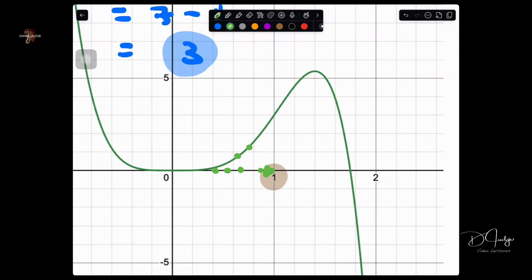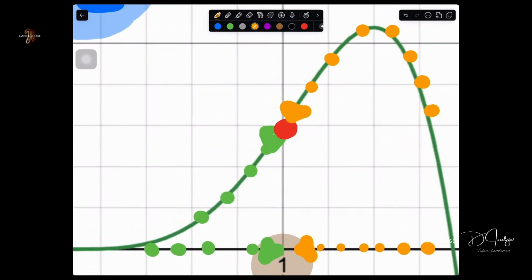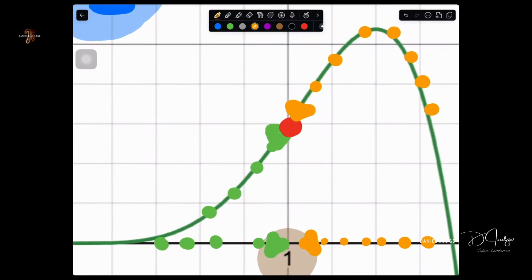Every point on that curve, ladies and gentlemen, is approaching this location here from the left. And then on the right side, x is approaching 1 from the right. It doesn't matter where we stop or start. And then all those corresponding points, because for an x value you get the corresponding y value, you're approaching the exact same location.